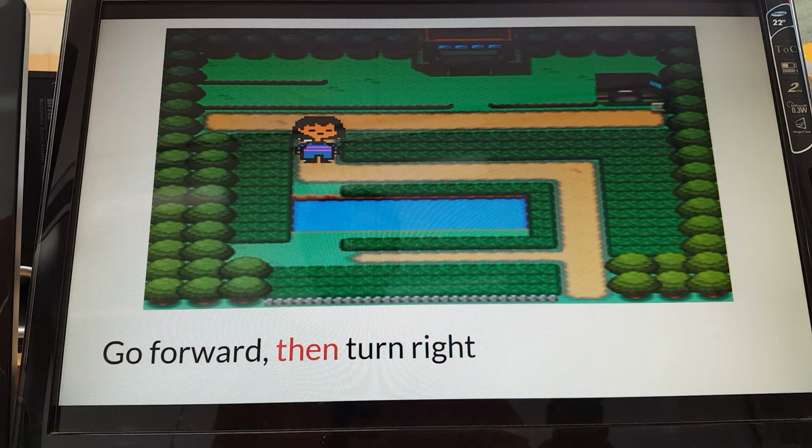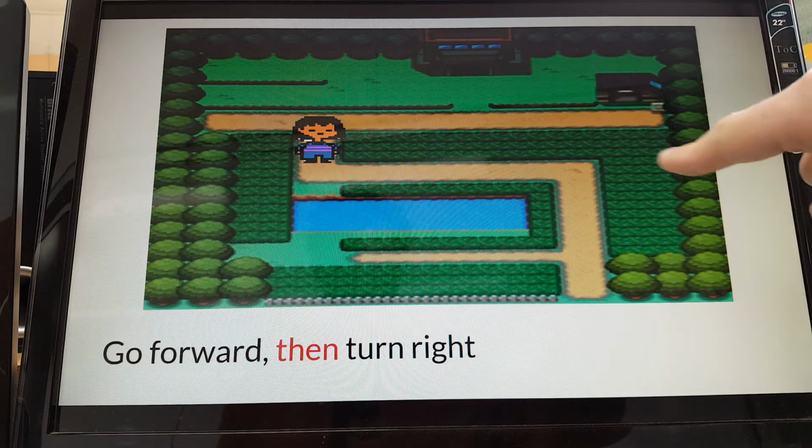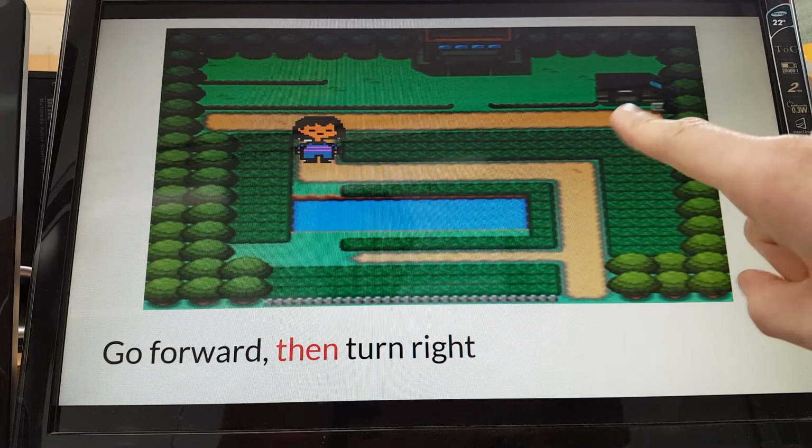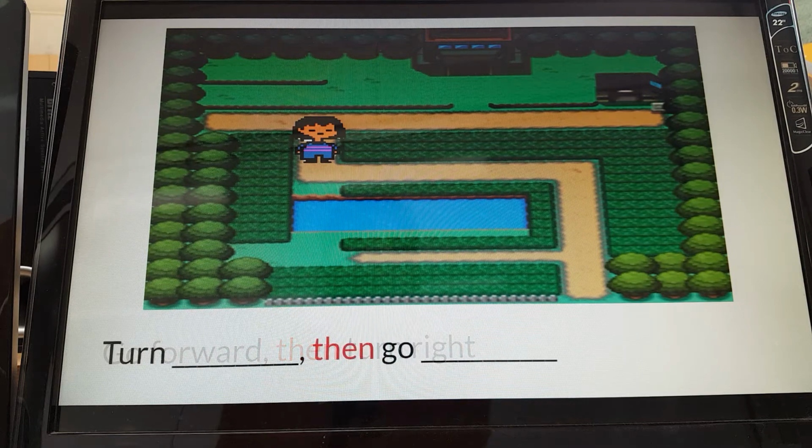Okay, next, we want to go here. What should we say? That's correct. So we say, first, we say, turn right.